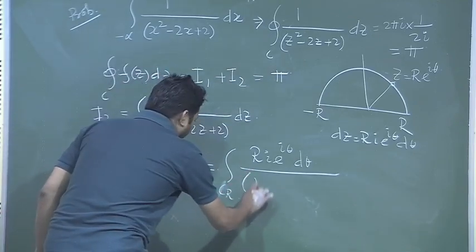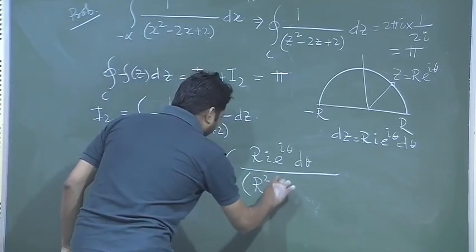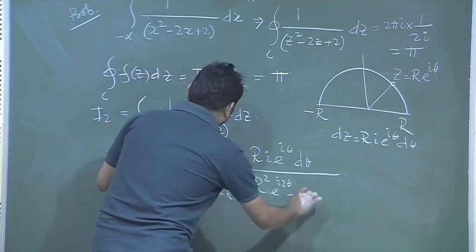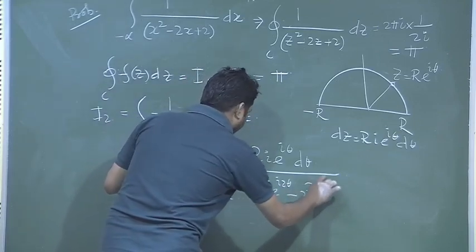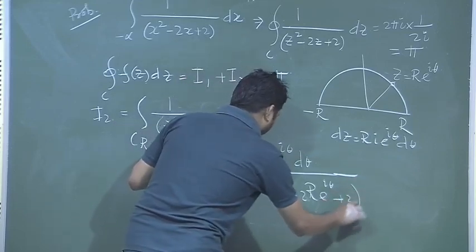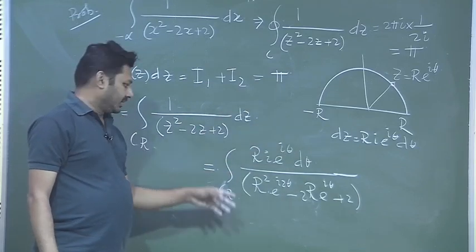So, this is r square e to the power of I 2 theta minus 2 of r e to the power of I theta plus 2.